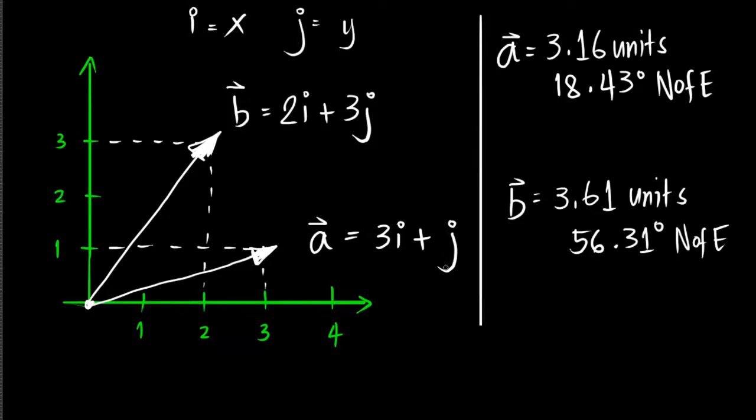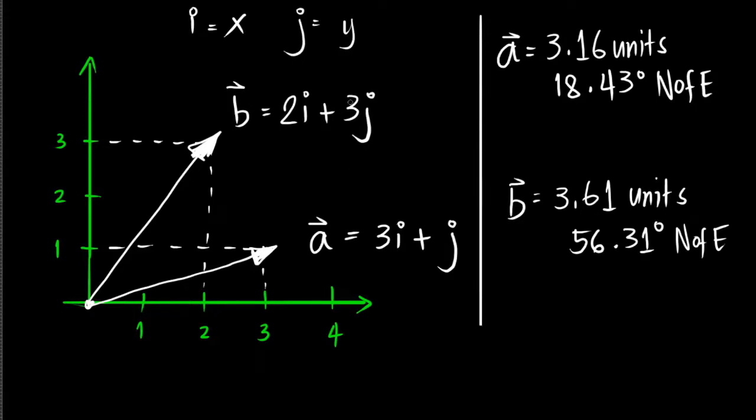As for vector B, the given is 3.61 units, 56.31 degrees north of east. Now, using the formulas given to you last time, you may solve for the x component, which is 2, so I put 2i. And the y component is 3, so I put 3j. Okay.